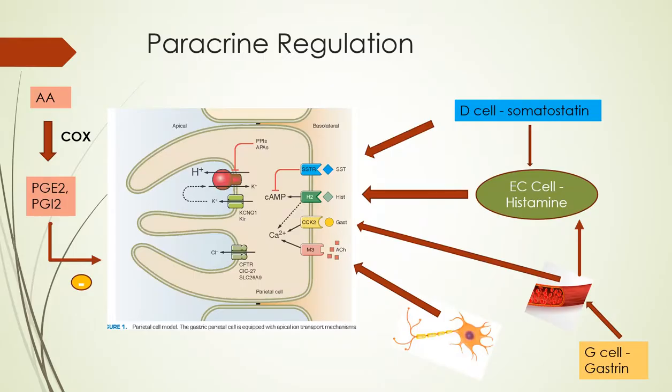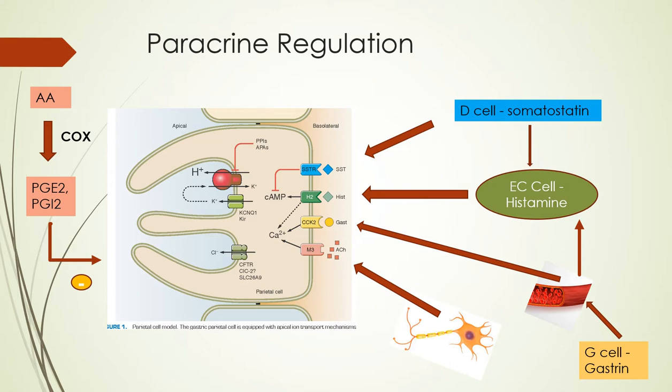Okay. Now coming to different regulations, as I said, every type of regulation is present in the stomach. As we have seen, how vagus regulates acid secretion, that is neural regulation. So here we will be talking about paracrine regulation and hormonal regulation. Although we have discussed hormonal regulation a bit, we'll see it here also.